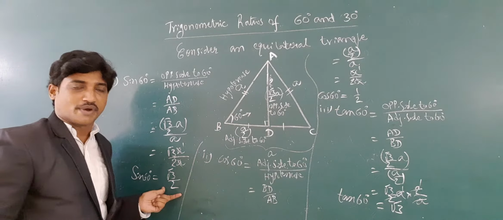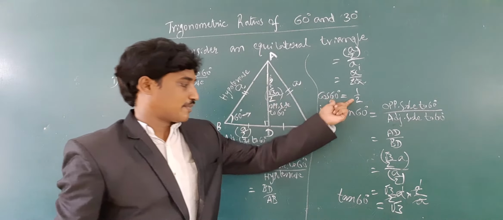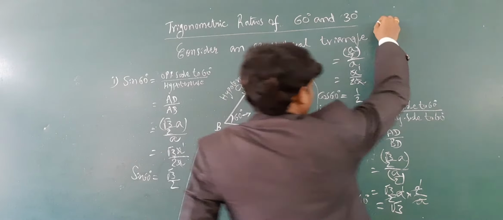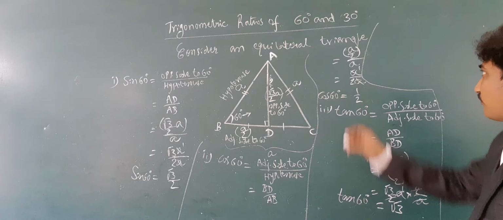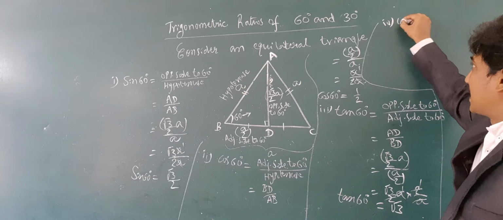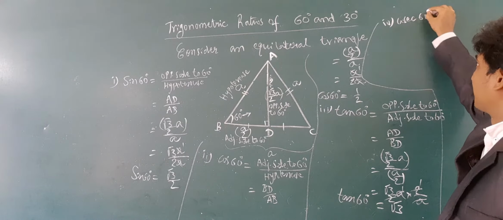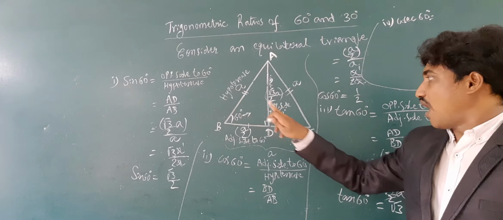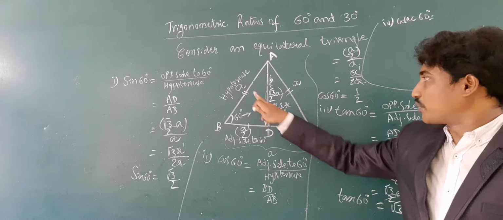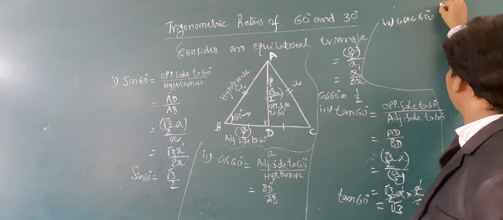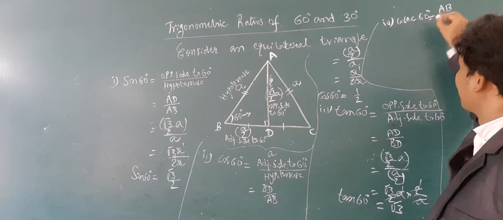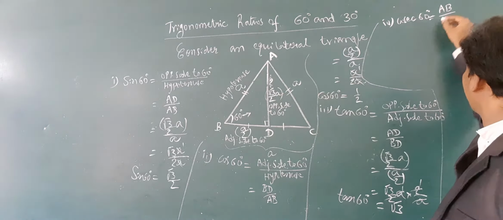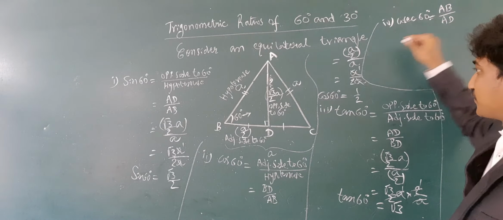Sin 60 degrees is root 3 by 2. Cos 60 degrees is 1 by 2. Tan 60 degrees is root 3. Let us see the next one, cosecant 60 degrees. Cosecant 60 degrees is hypotenuse by the opposite side to 60 degrees. Hypotenuse is AB, opposite side is AD.